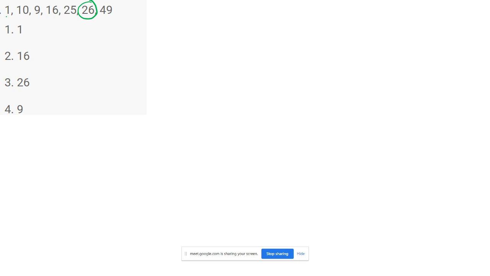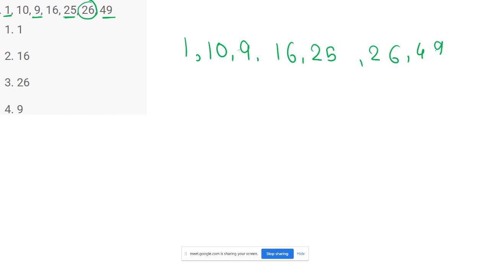If you see, this is 1 square, 3 square, 5 square, 7 square. If you look at the numbers 1, 9, 16, 25, 26, 49. Yes, very good.